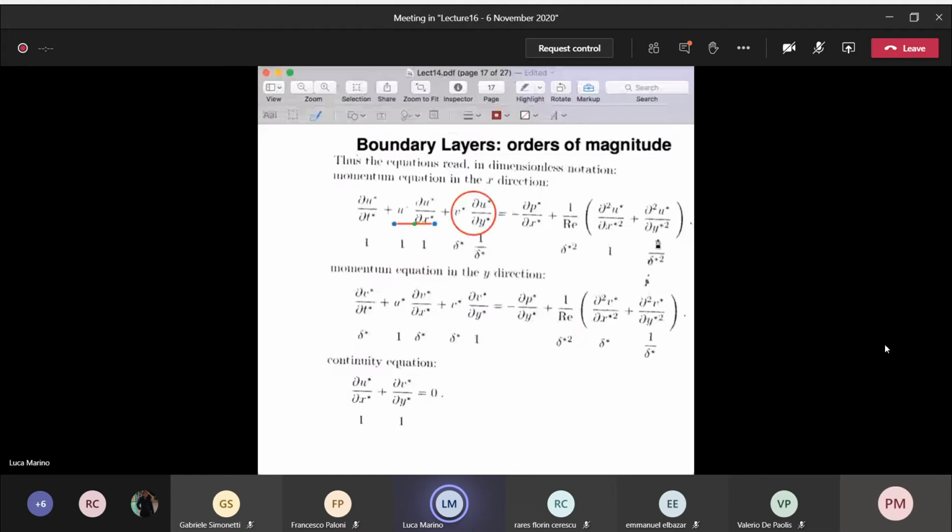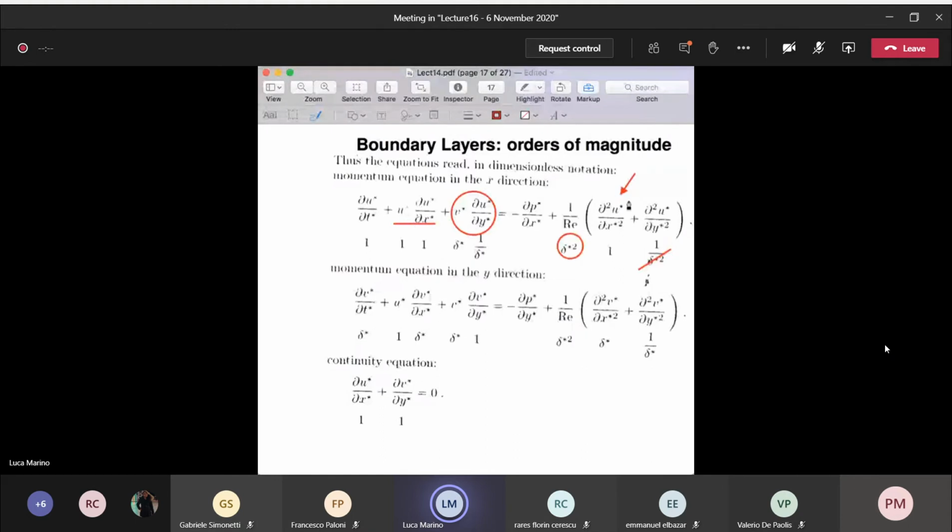So if I multiply delta squared by the two diffusive terms, I will have one of order delta squared, and another of order 1, because these terms simplify with this one. So at the end, all the terms in this equation are of order 1, except this term here, which is of order delta squared.